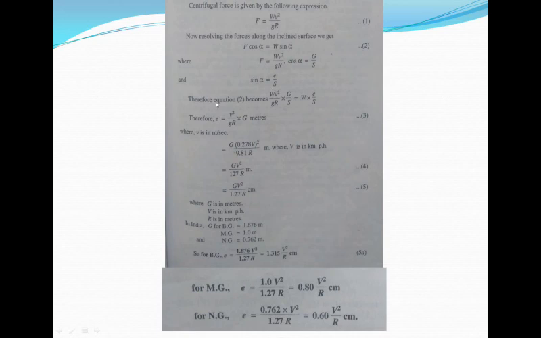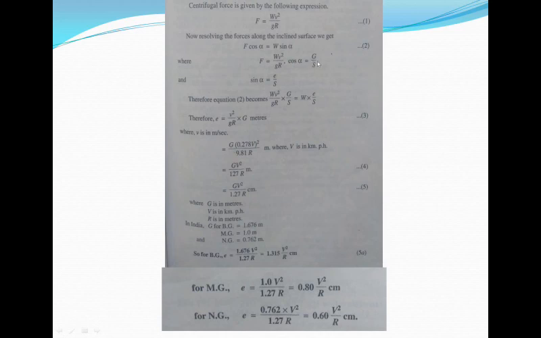Therefore, equation 2 becomes W V square by gR, and this is nothing but the substitution for the above expressions. I am substituting the value of F, that is W V square by g into R, and the value of cos alpha. Cos alpha is equal to G by S. How did I get this G by S?